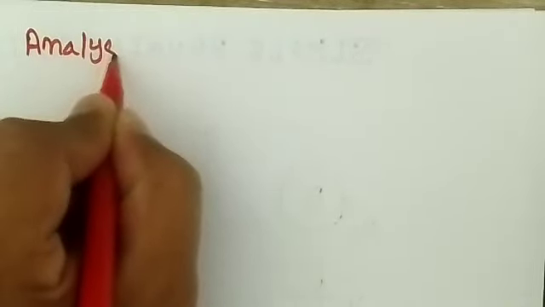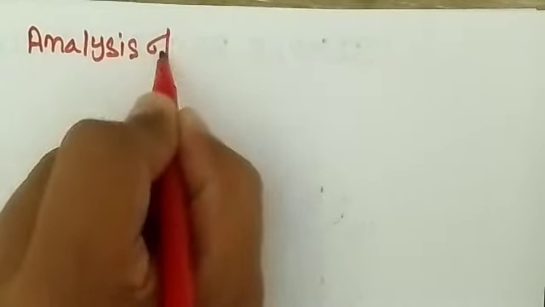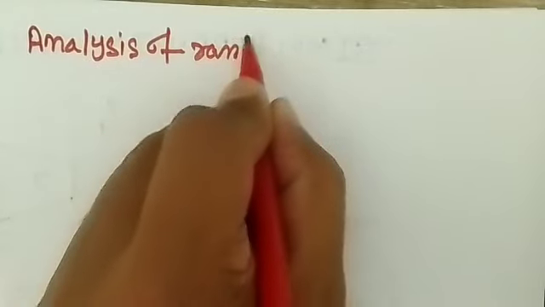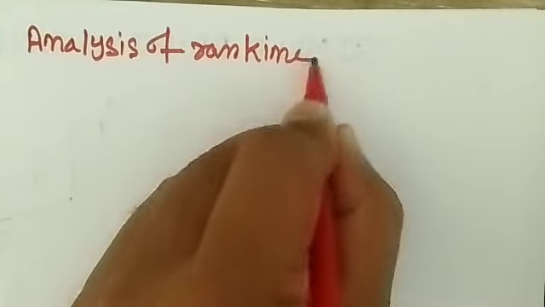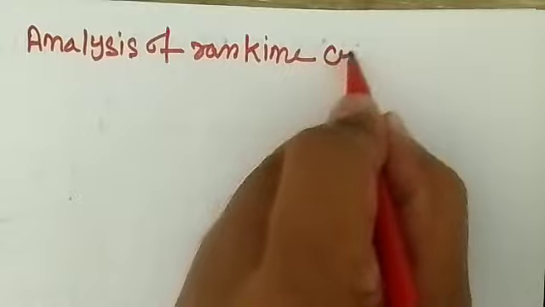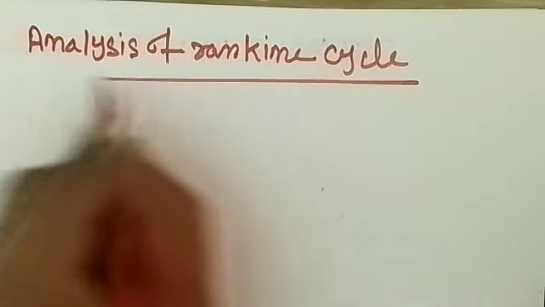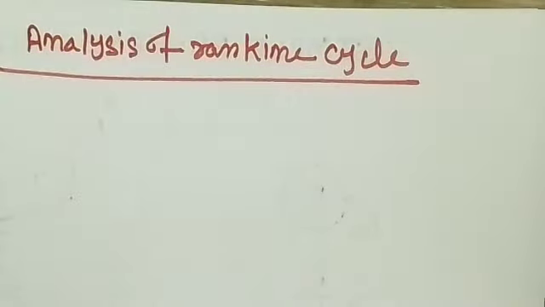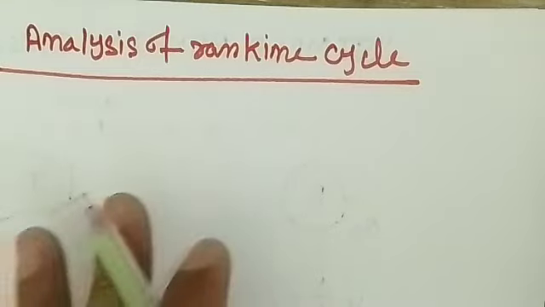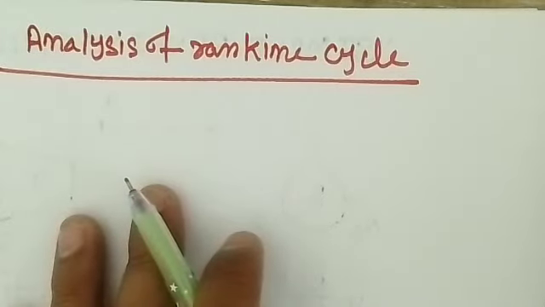So here we'll go, analysis of Rankine cycle, right? Rankine, actually, maybe there is a pronunciation mistake. Okay, Rankine cycle. So now first of all we will do the analysis for expansion, that is the turbine.